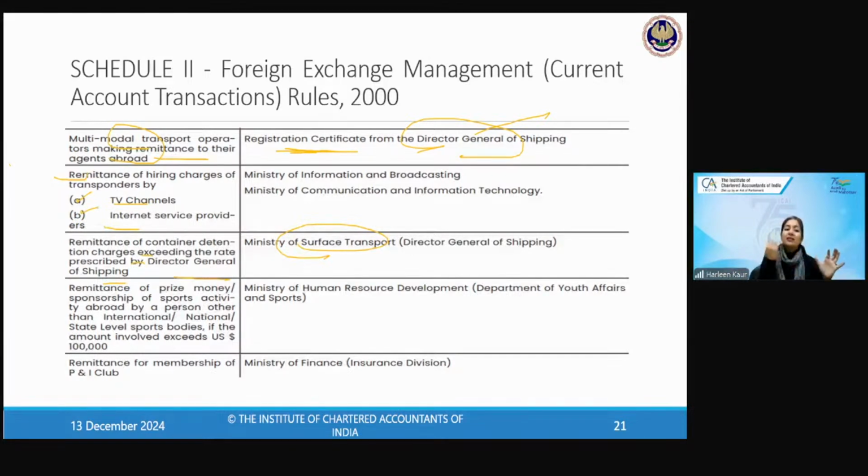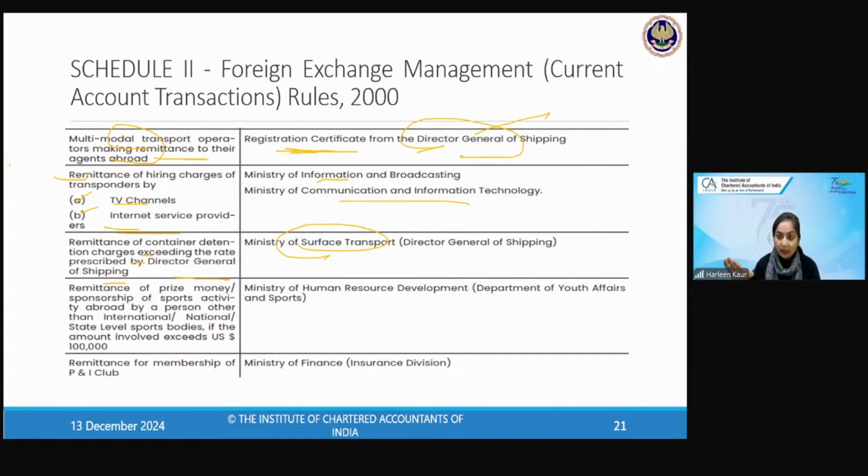So now you need to pay certain hiring charges to these transponders who are helping in transmitting the data from a foreign country to India. If you are paying such hiring charges to the transponders for TV channels and for internet service providers, Ministry of Information and Broadcasting's approval is required, and for the internet, Information Technology and Communication.